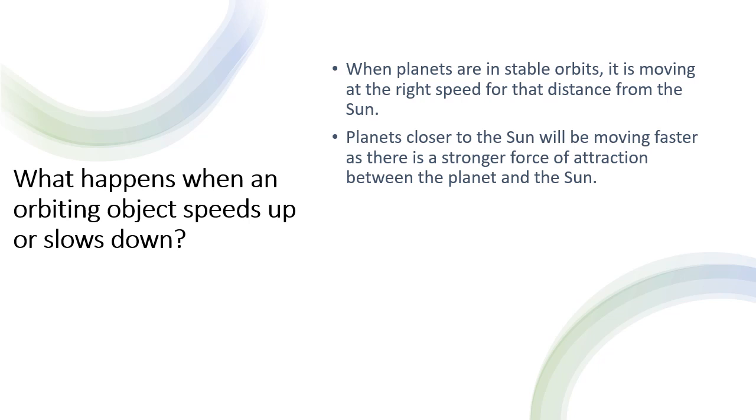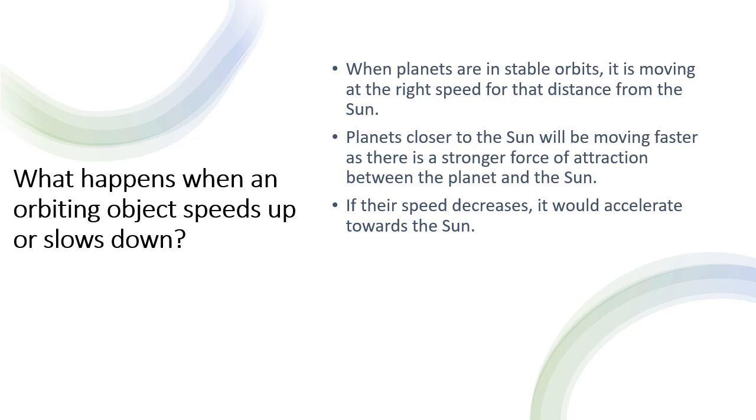Now, let's think about a planet which is much closer to the sun. Say something happened and the speed of the planet decreased. What will happen? There is still that strong force of attraction between the planet and the sun. So if the speed of the planet decreases, the sun will be able to pull the planet towards it, and the planet will accelerate towards the sun and crash. We don't want that to happen, do we?